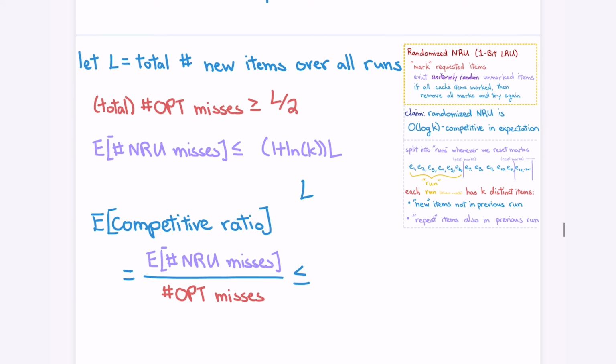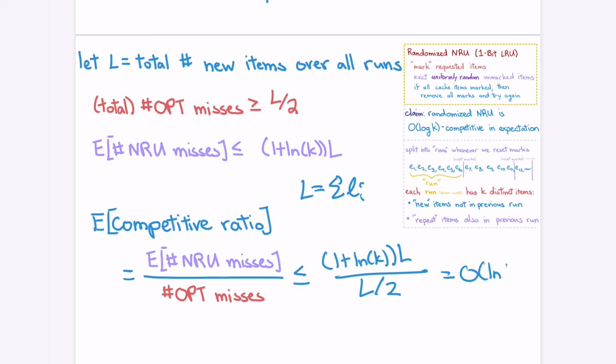If I let L denote the sum of all the Li's, then we're getting something like 1 plus log k times the total number of new items, divided by OPT misses at least L over 2. So this is where you get your log k bound. 2 log k, yeah.